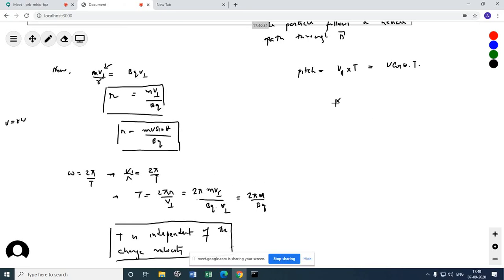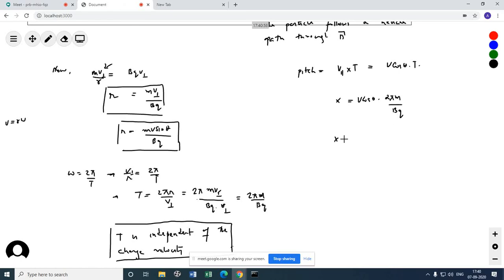So pitch, that is x, is the linear distance traveled in one time period, one revolution, because it is moving in a helical path. So x equals v cos theta into t, and t gives 2 pi m by bq.